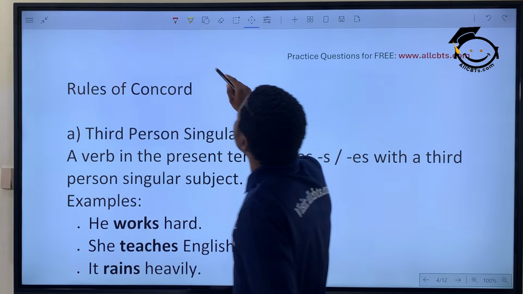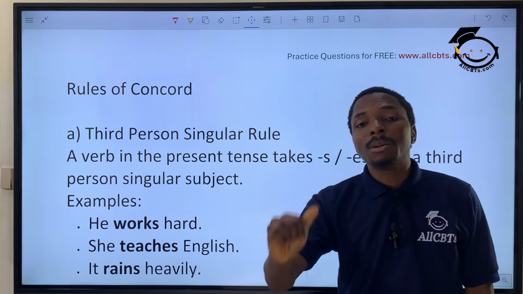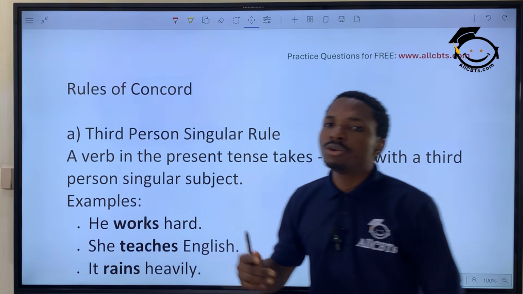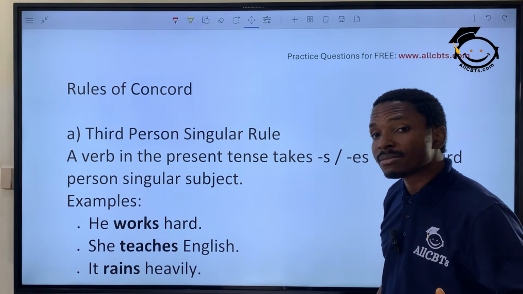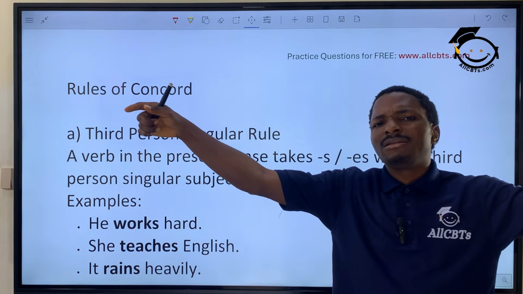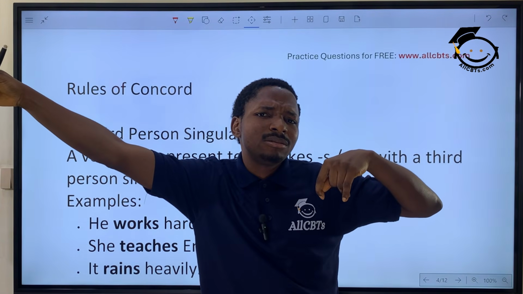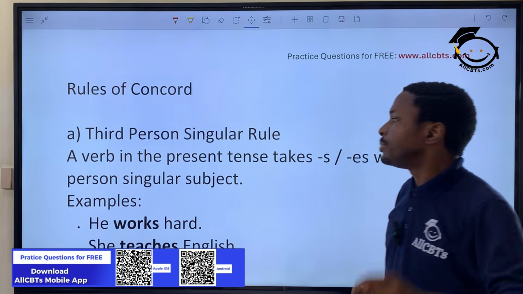When you say I, or you're talking about I, that's the first person. When you are talking about he or she, that's the second person. And when you're talking about they, or reporting something somebody said, that's the third person.